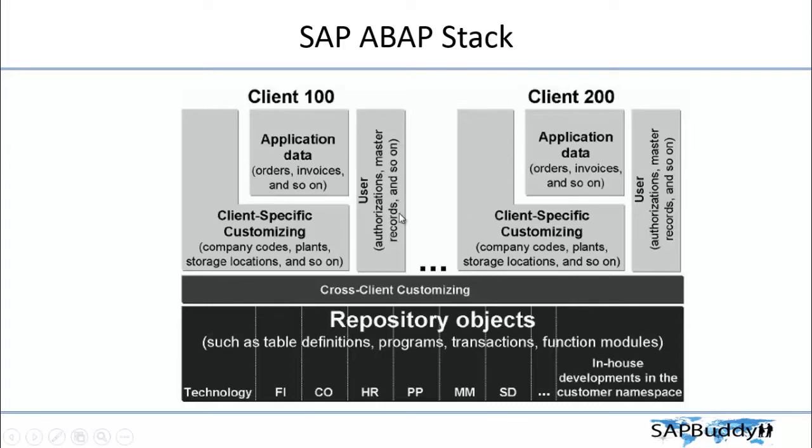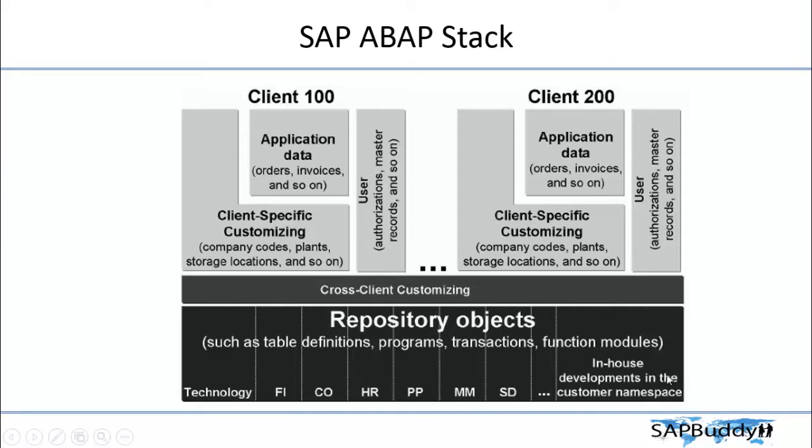Okay, that table information will be available in all clients. So that is a cross-client customizing. Like this, in functional also they have some customizing, like factory calendars. The factory calendars should be available in all clients. So this is cross-client information.